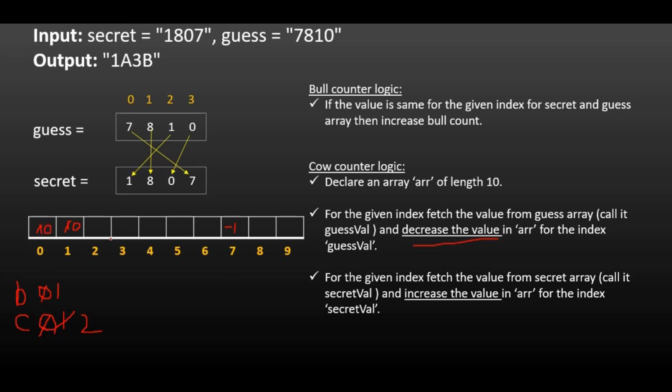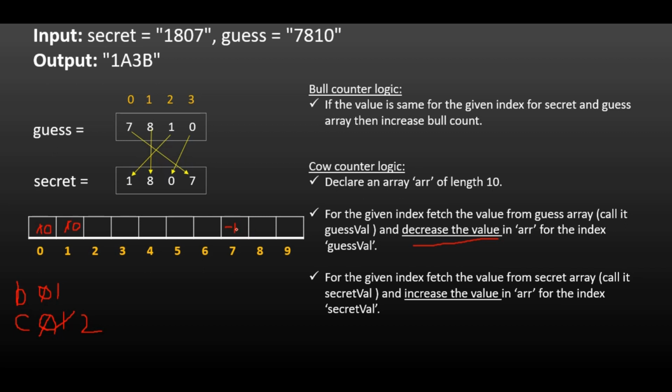Okay. Now the value in the secret array at the same index is 7. So I will go to index 7. I will check if it is less than 0. Remember, in guess I am first checking in the array if the value is greater than 0. In secret I am checking whether it is less than 0. Why less than 0? Because a value can only go negative if it has occurred in the guess array, right.